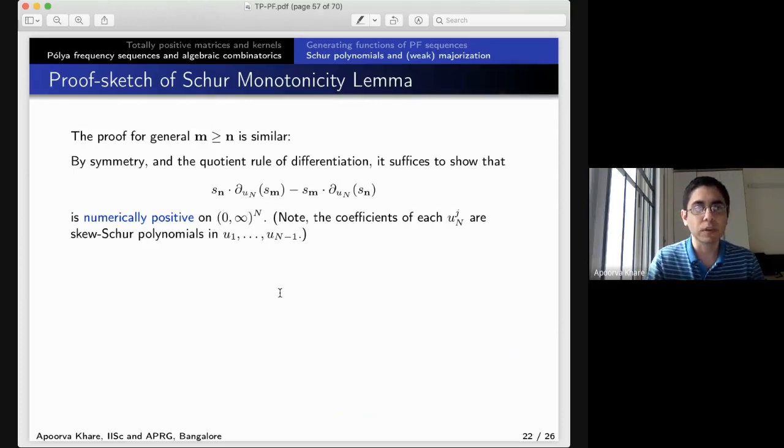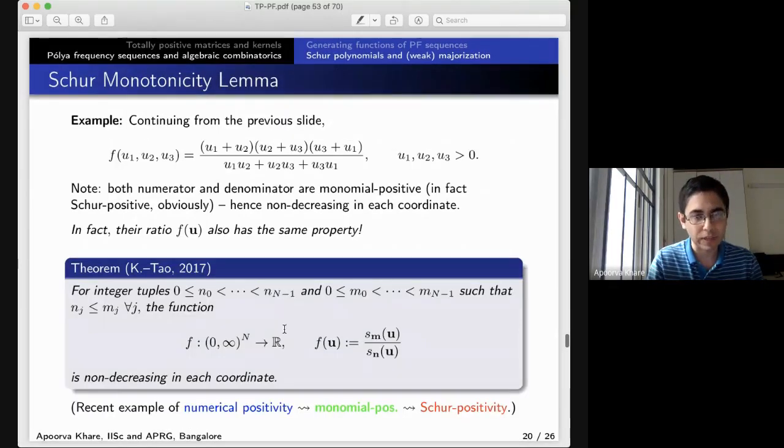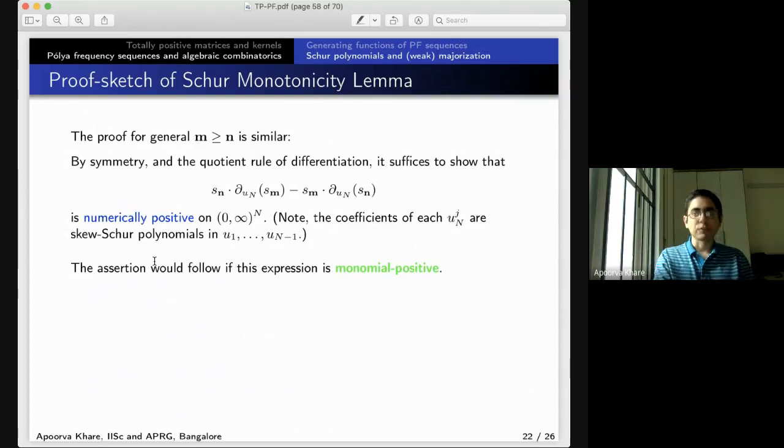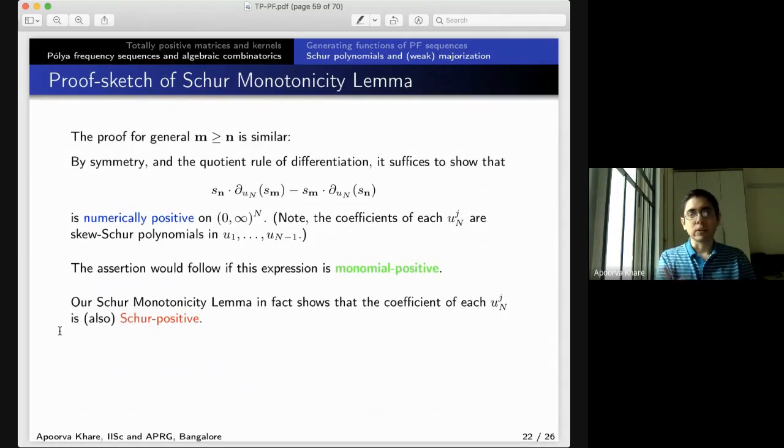So the claim, as I said, the lemma, is that for any tuple of powers, you look at this ratio, that is coordinate-wise non-decreasing, but actually a stronger fact holds. It suffices to show that the numerator of the quotient rule is numerically positive. This follows if it was monomial positive, and actually it is in fact Schur positive. Every coefficient is Schur positive, so you are adding up Schur positive things. Now for why this is true, I just told you it is true.